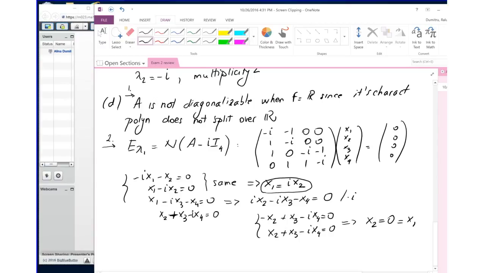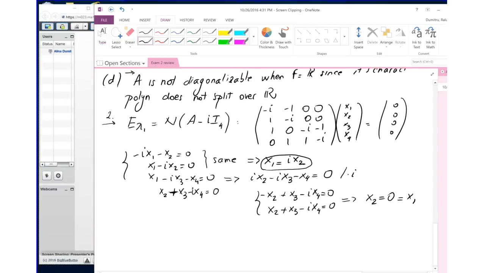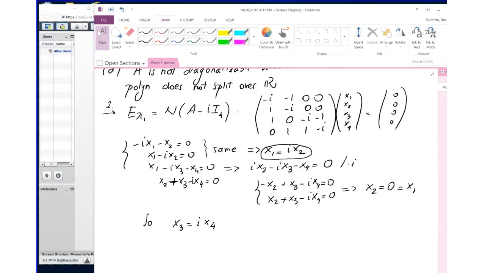And x3 and x4 are then related through this. From the last equation, right? And from the one above, it should be the same thing, and it is the same thing.